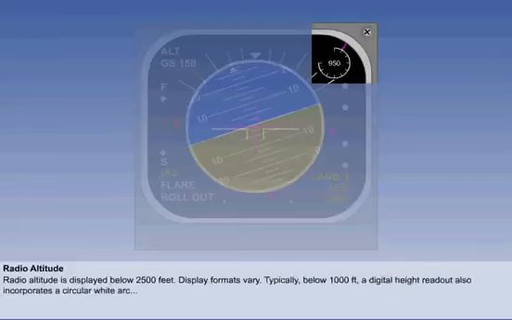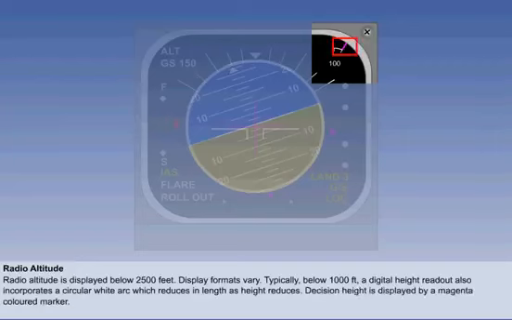Below 1,000 feet, the digital readout continues, but the display changes to incorporate a circular white arc, which is graduated in 100-foot increments. The length of the arc reduces in an anti-clockwise direction as height above ground level reduces. The selected decision height is displayed by a magenta-coloured marker on the circular white arc.